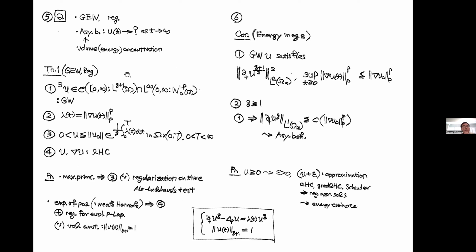Firstly, the first result is about global existence of a weak solution and regularity of the weak solution.